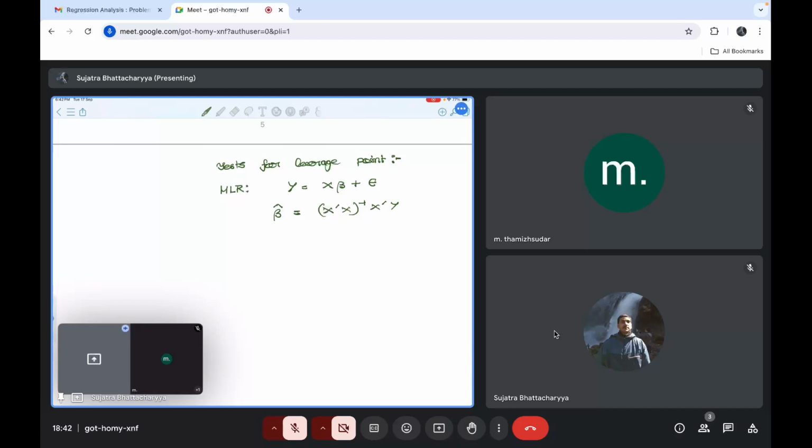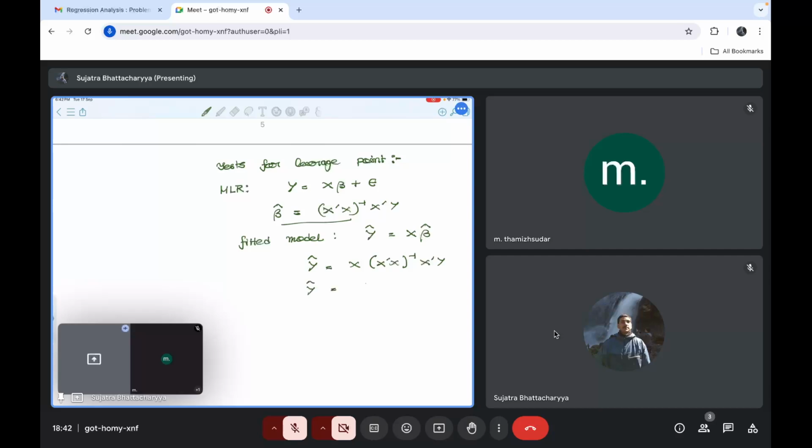We have derived this long ago. Now the fitted model is y hat equal to X beta hat. Just put the expression which we have derived here: X (X prime X) inverse X prime y.